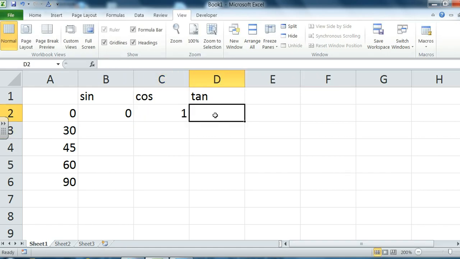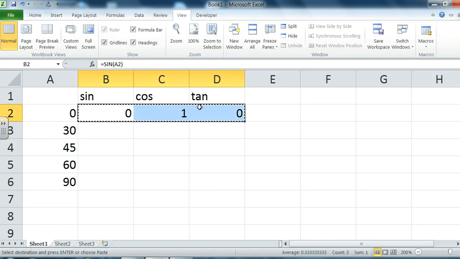Then tangent, parentheses, A2. So the sine of 0 is 0, the cosine of 0 is 1, and the tangent of 0 is 0. Well, that's all right.